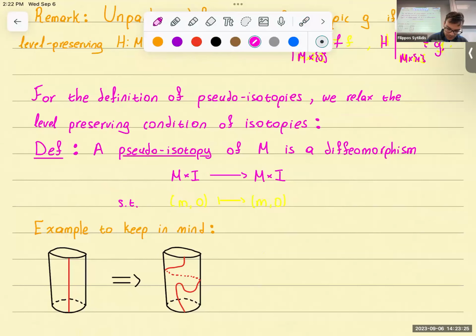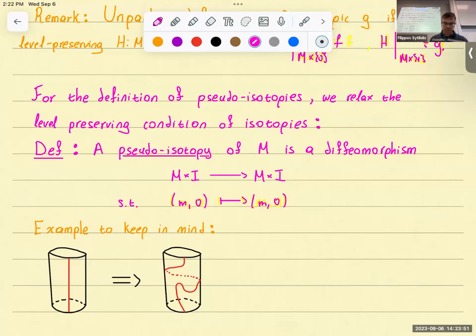The only thing I'm going to request is, again, that at time 0 it be the identity. So a pseudo-isotopy is a diffeomorphism from M cross I to M cross I that is the identity when restricted to M cross 0.